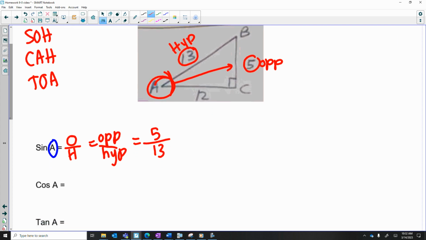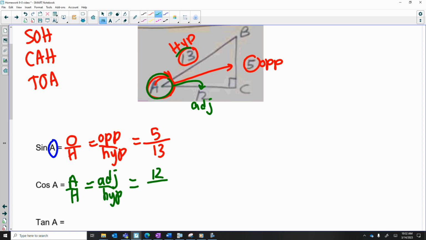Now we're going to do the cosine of angle A. Cosine is CAH, A over H, adjacent over hypotenuse. Adjacent means next to. So if we look at angle A, the one next to it is the 12. And the hypotenuse we said was the 13. So the cosine of angle A is 12 over 13, adjacent over hypotenuse.